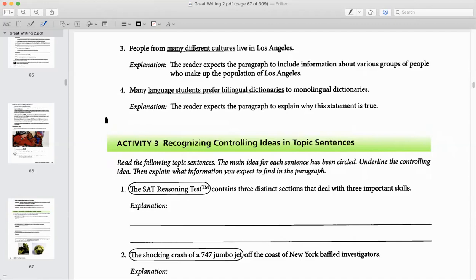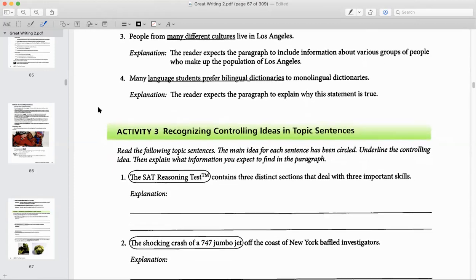Mono means one. So monolingual dictionary, one language. Bilingual dictionary has 2 languages. So for example, if you use Naver to look up words in English, you'll look up the English word and then it'll tell you the Korean word. So that's bilingual. Bi means 2 language dictionary. Okay, and again, this paragraph would tell us the reasons why many students prefer this 2 language dictionary to a 1 language dictionary.